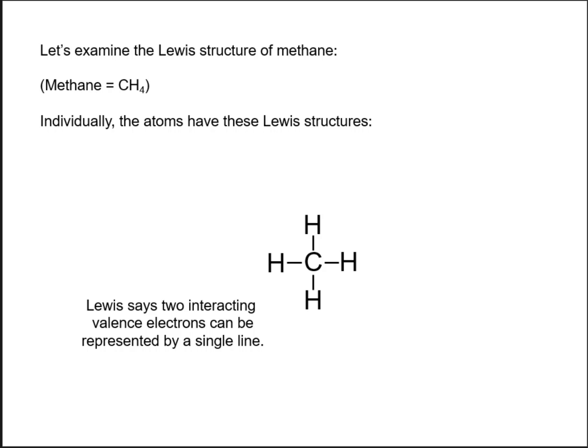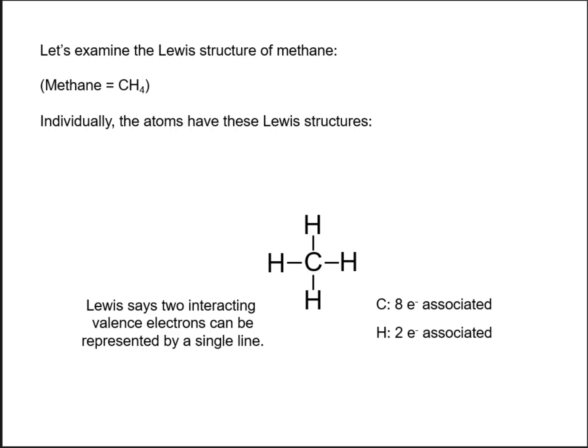So now if you look at carbon, carbon has 8 valence electrons, 8 electrons associated with it. Here is 2, 2, 2, and 2. So 8 valence electrons, and each hydrogen has 2 valence electrons associated with it.